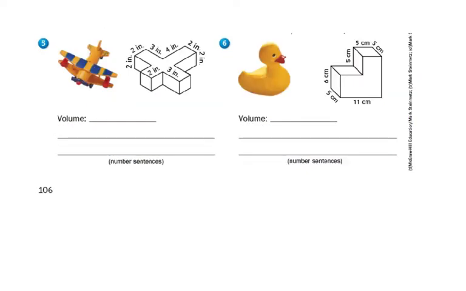All right, this toy airplane I'm going to think of as 3 separate boxes. So I have this long one right here. I have this one, and I have this one. So I'm going to go ahead and erase it though and take one at a time. So the first one I'm going to start with is this long one here.